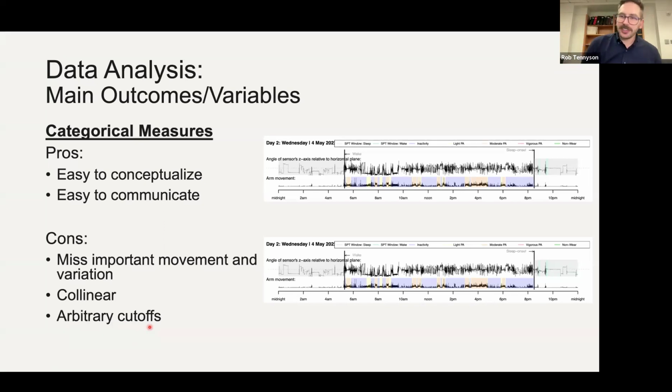Was it an Olympic sprinter? Was it someone who, like me, is sitting at their computer most of the day? All these things are going to change how their energy is expended. And even within that, based off of whether or not it would be predictive for you or for your participant, the cutoff itself was more or less arbitrarily chosen.